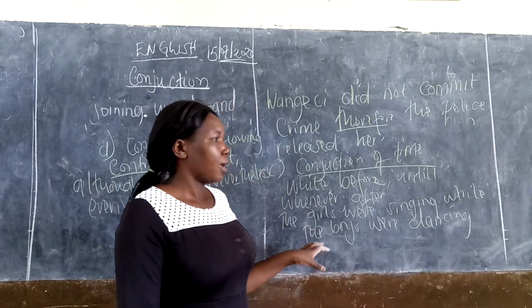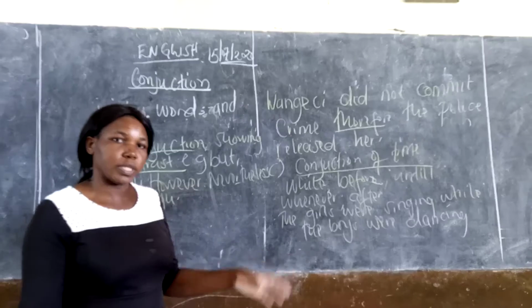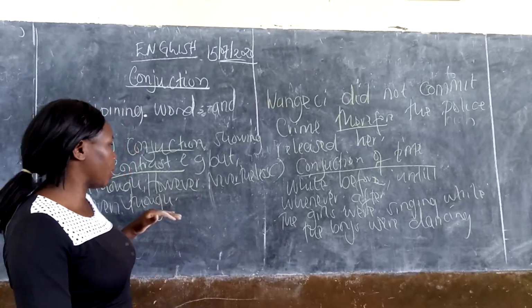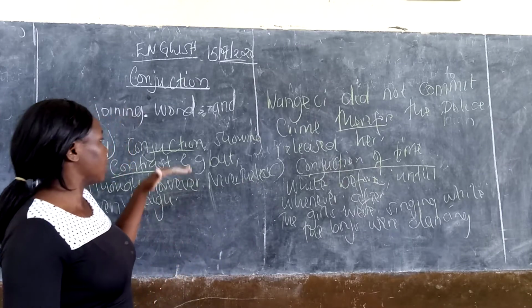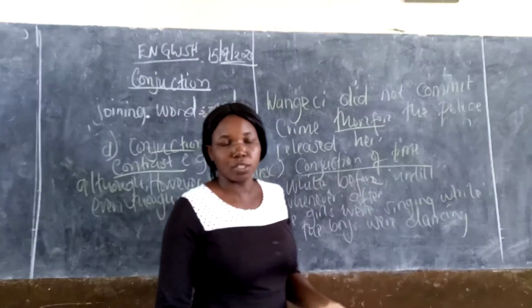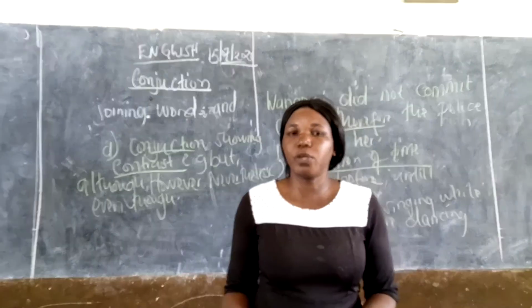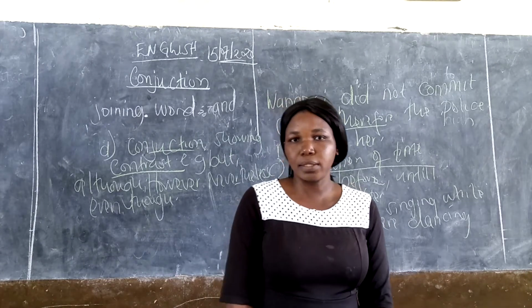But here you find that we went home, though it was still raining. We are giving contrast, which is the difference in expectation. You're expecting something, but at the end you get something else.